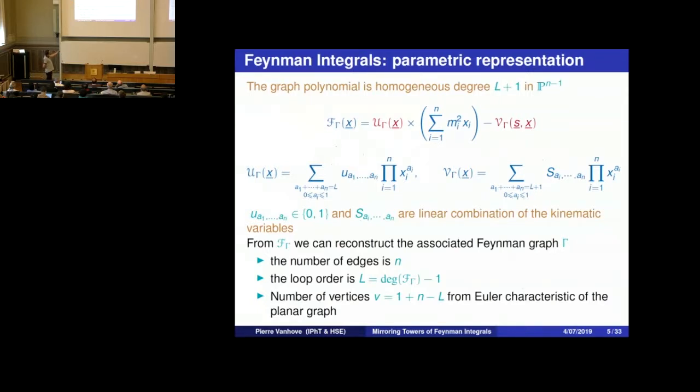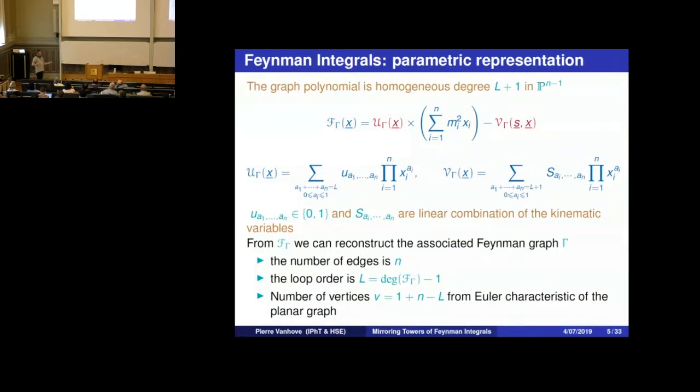This F is a sum over the internal mass parameters times the projective variables that are conjugated to the edges, and this is going to play an important role when I construct the geometry behind the Feynman graphs. Then there's the U polynomial, which is homogeneous of degree L, a sum of monomials where the coefficients are 0 and 1.